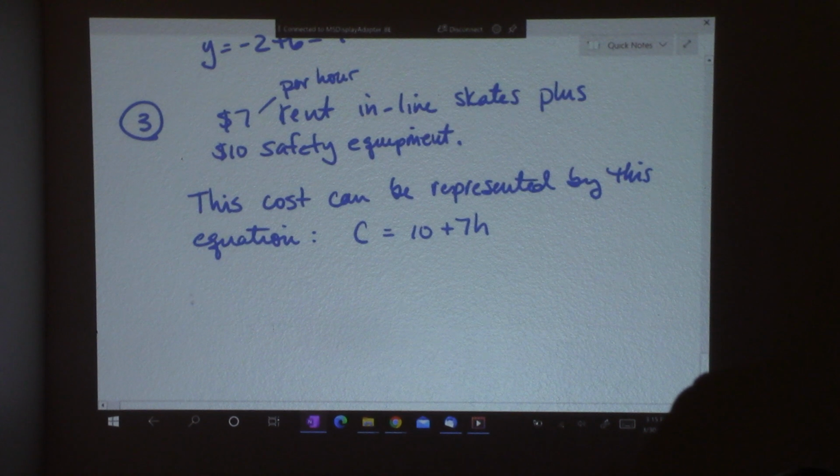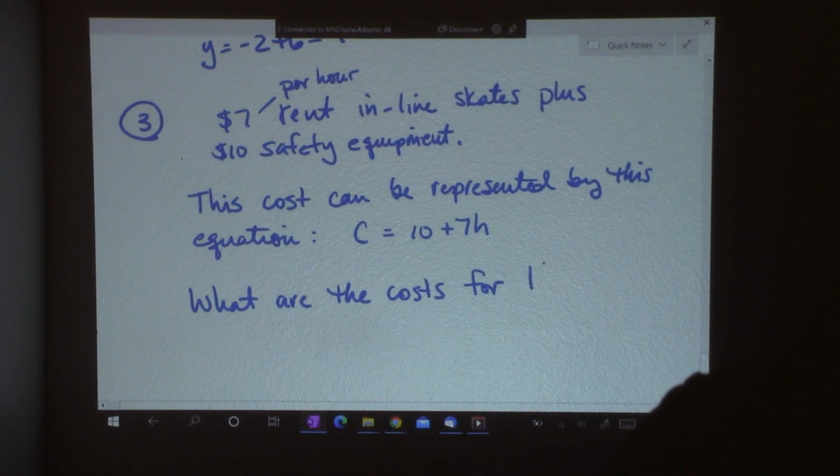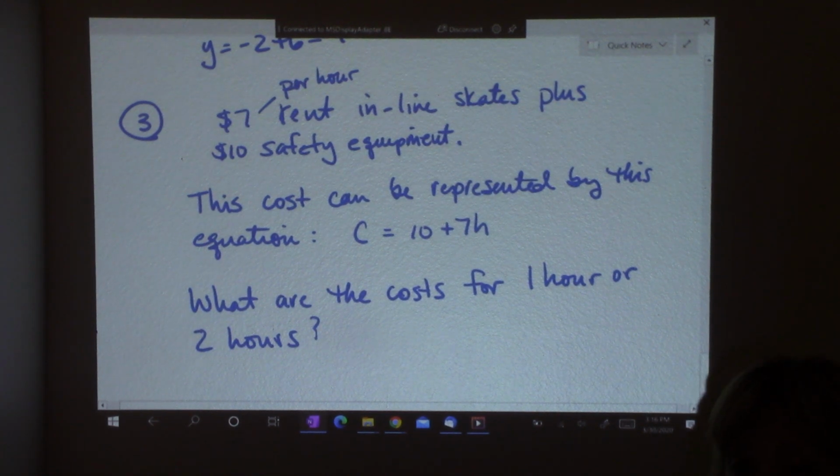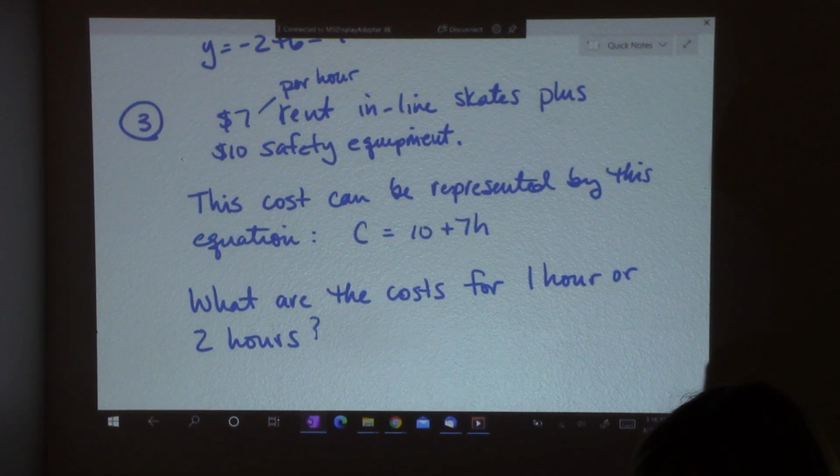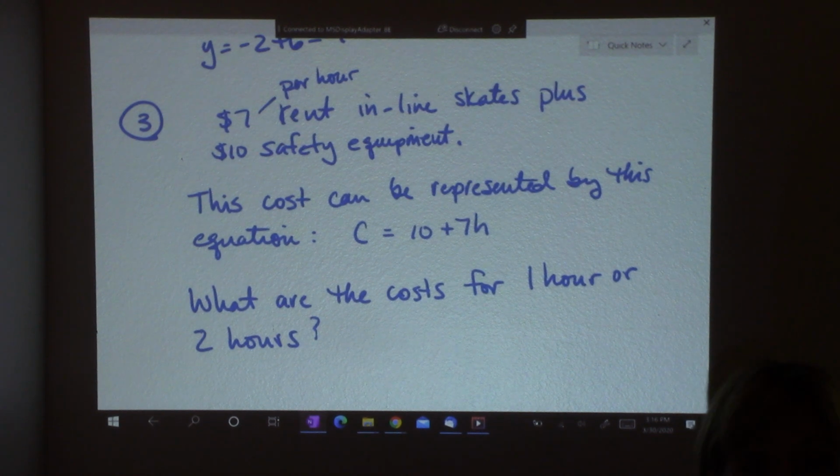Okay, so the question is, what are the costs for 1 hour or 2 hours? Now that would be important. Let's say you went with a friend and you wanted to go inline skating and you were going to rent skates and the safety equipment, and you just love doing it and you'd really like to go for 2 hours. Well, you have to know what that cost is as compared to 1 hour to know if you can afford it. Sometimes you can, sometimes you can't.